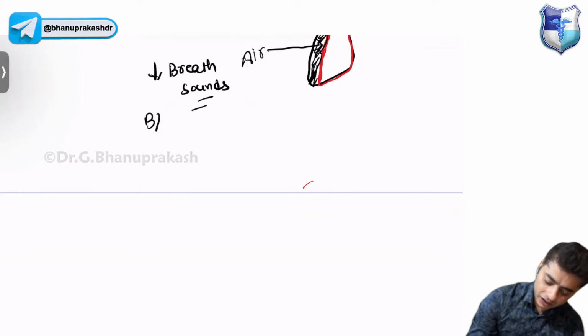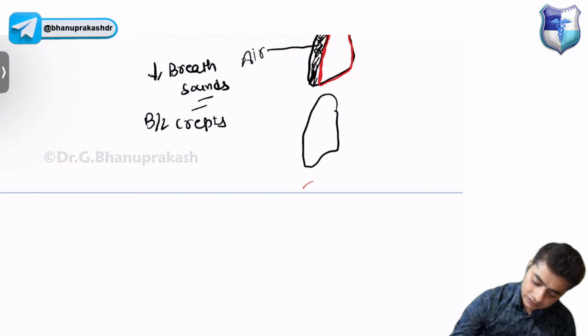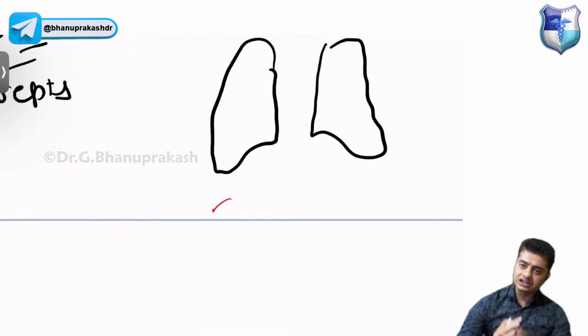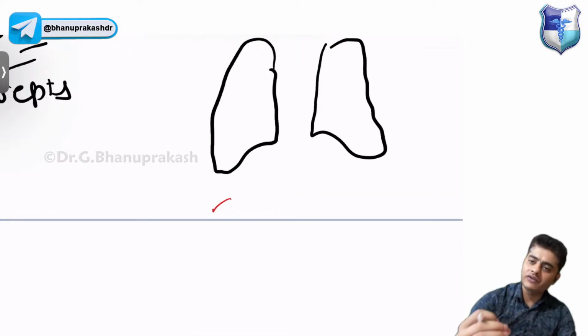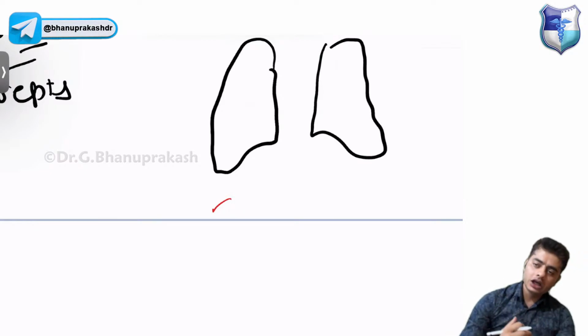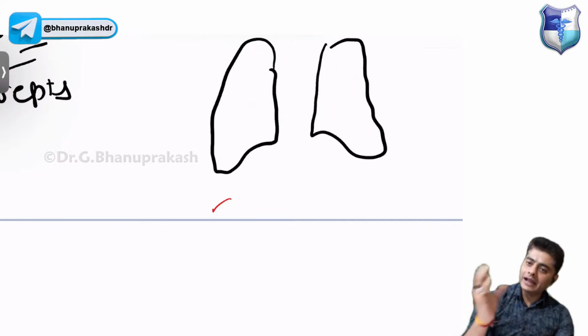Other is bilateral creps. So where will you get bilateral creps? Suppose these are your lungs, and the patient is of CHF. Due to MI, the patient lands into left ventricular failure. Due to left ventricular failure, what is happening? The left ventricle isn't able to drain its blood into the aorta. So if the left ventricle can't drain its blood to the aorta, can the pulmonary vein drain into LA or LV? No. So there will be back pressure.